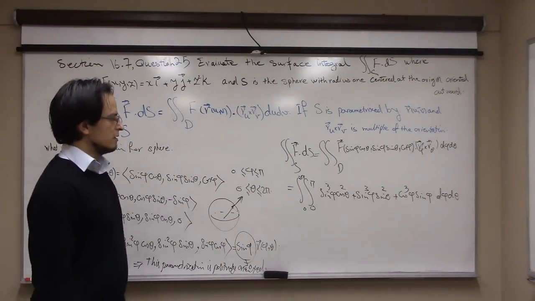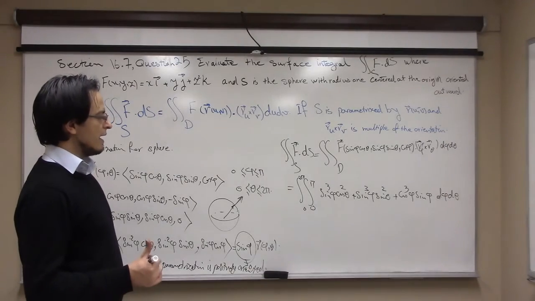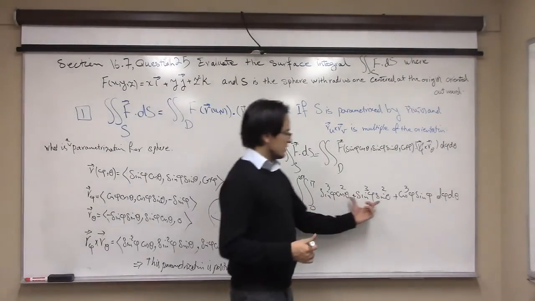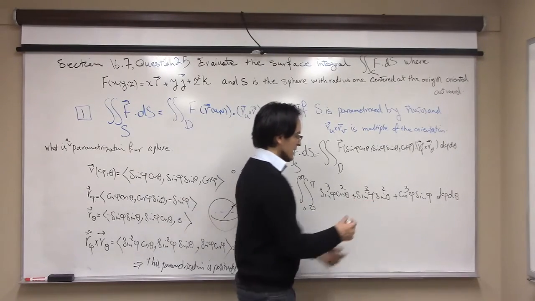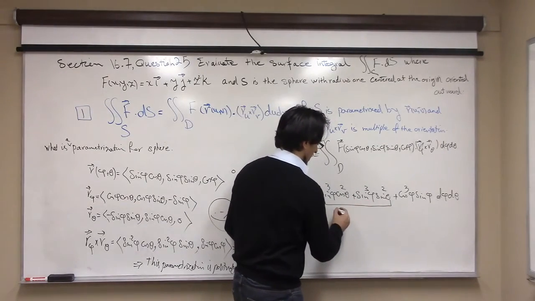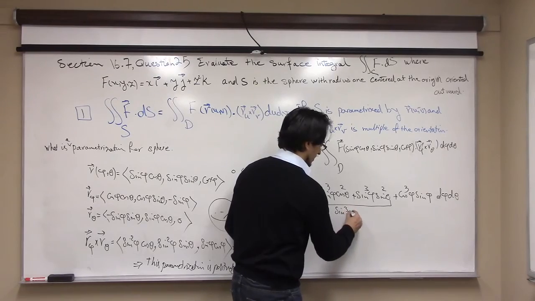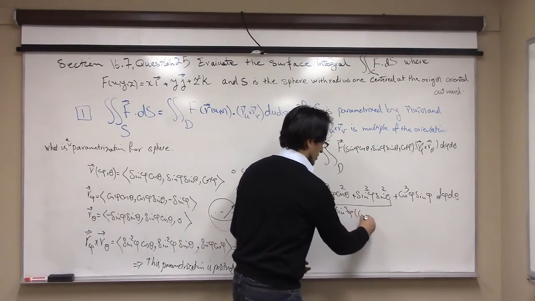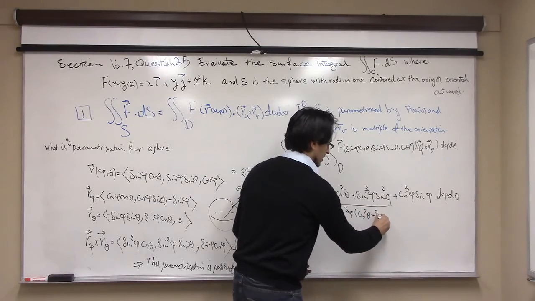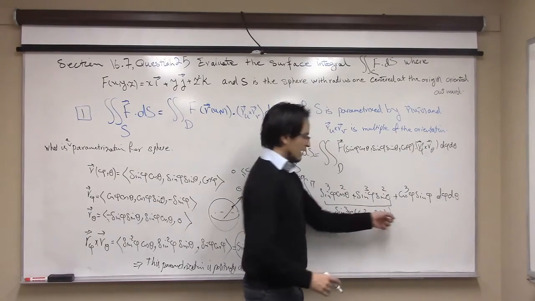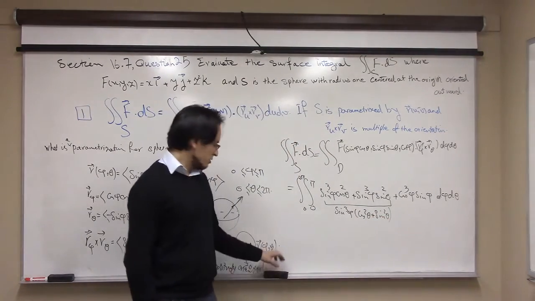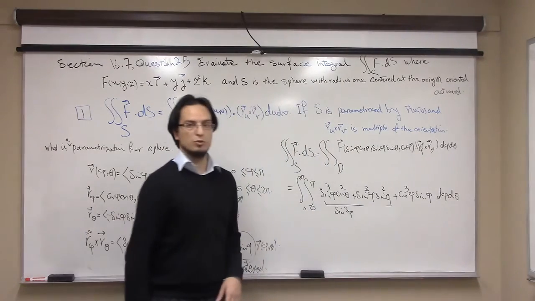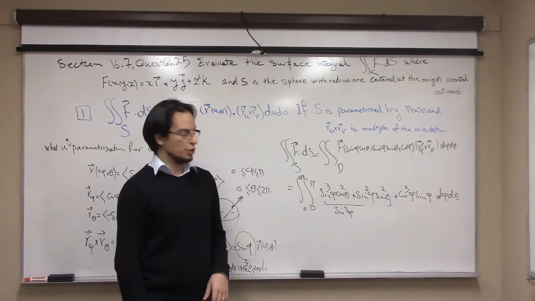This is good now because I can try to simplify this. I can factor out sine cubed phi here, and the remaining would be cosine squared theta plus sine squared theta, and that is equal to 1.